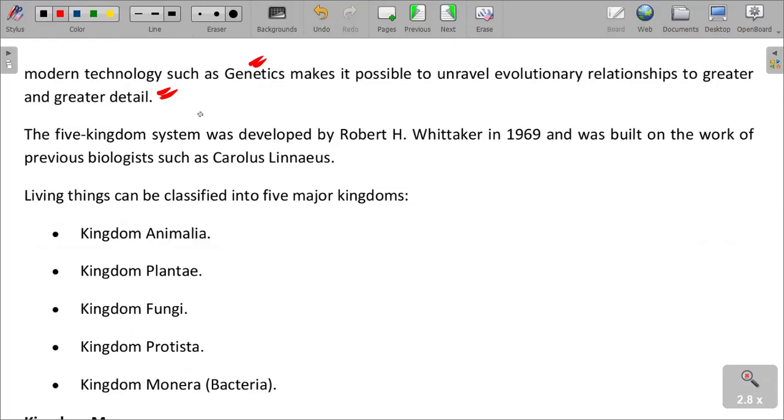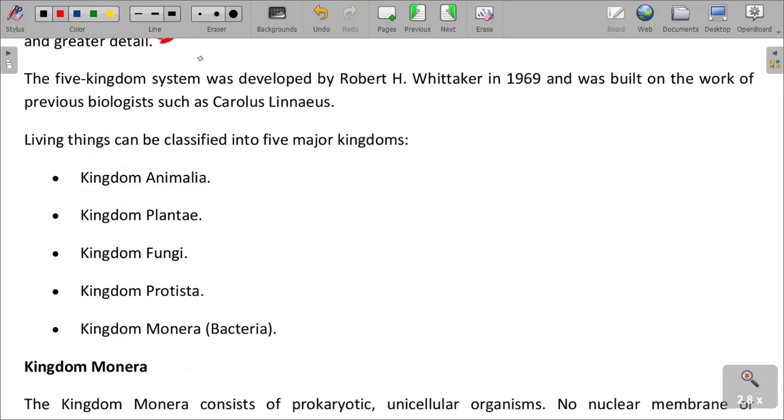So the five kingdom system was developed by Whittaker in 1969, and was built on the work of previous biologists such as Carolus Linnaeus, who were the pioneers in terms of classification of organisms.